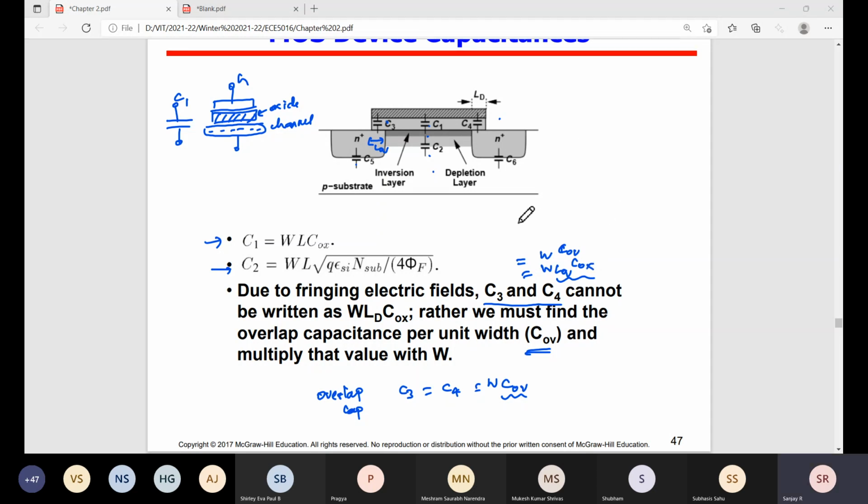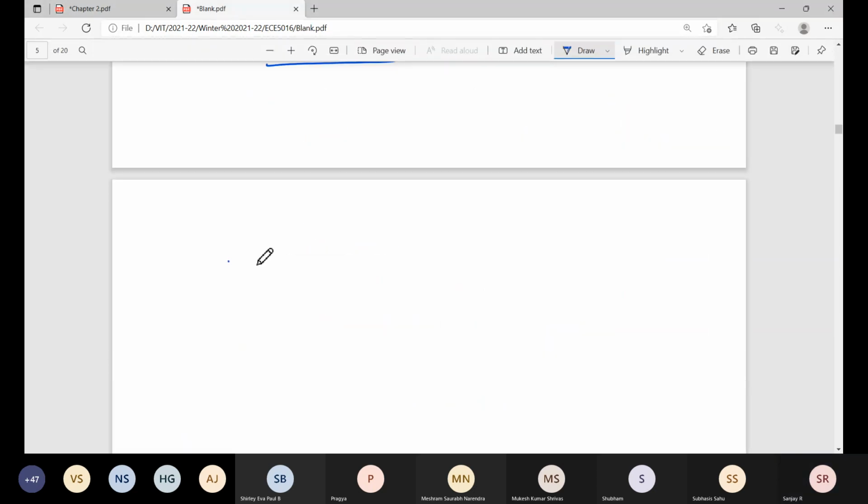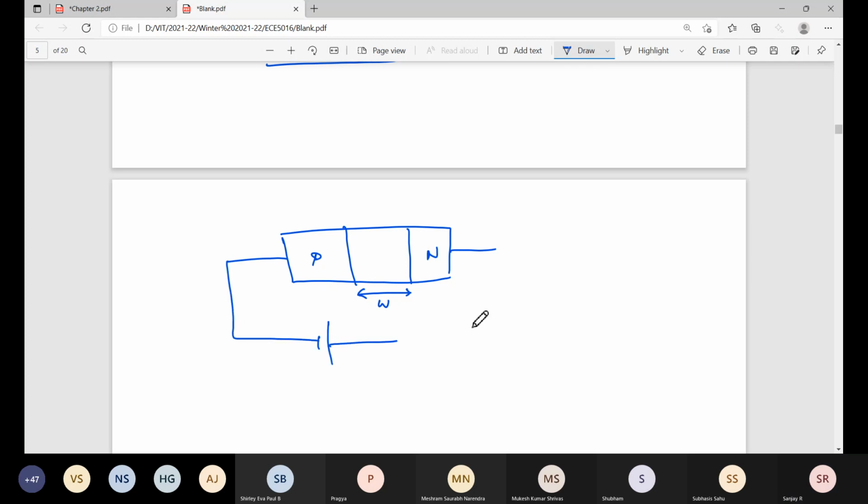Okay, let's take a PN junction. This is a depletion width. I am applying reverse bias, let's take VR. Here, actually, the depletion capacitance, increasing VR, will it increase or decrease?